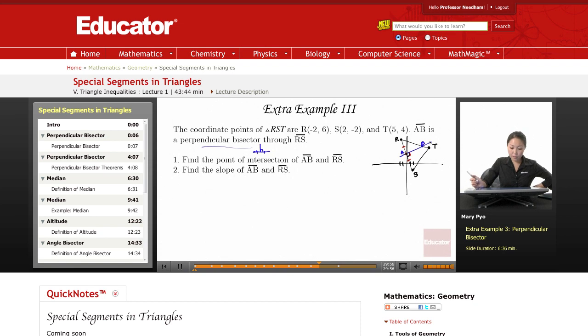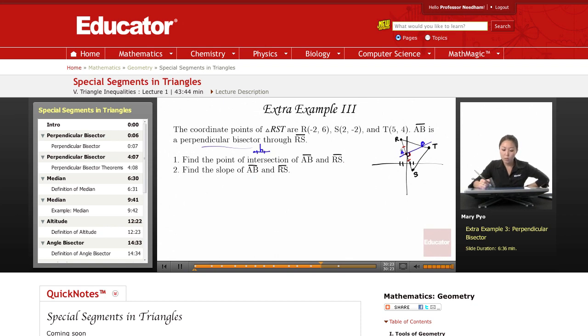So find the point of intersection of AB and RS. First we have to find the point of intersection between AB and RS, and then I want to find the slope of AB and RS.